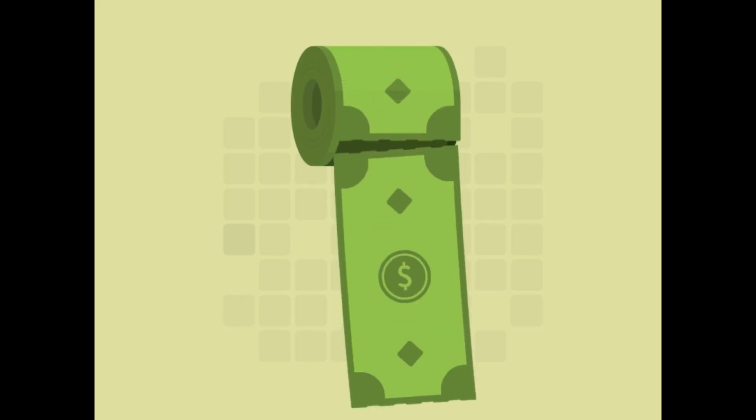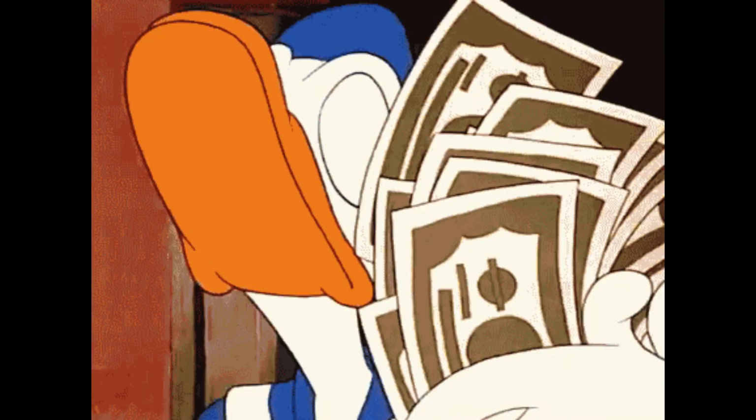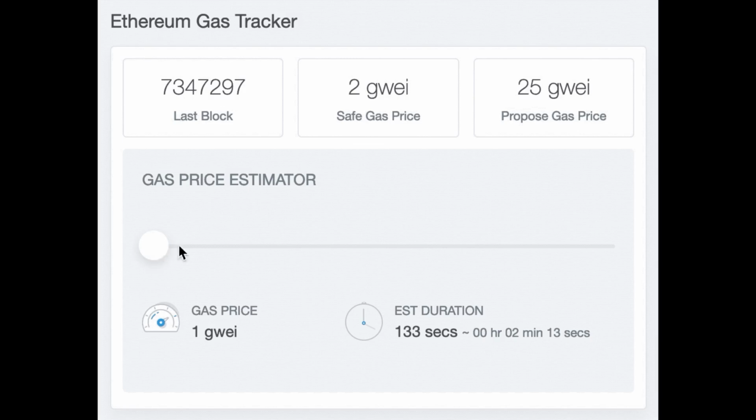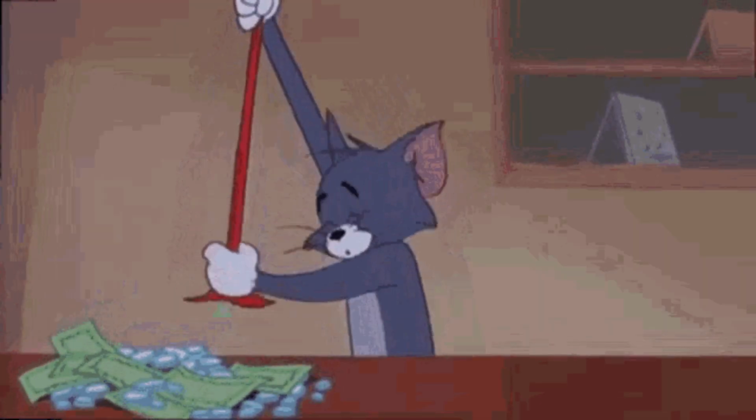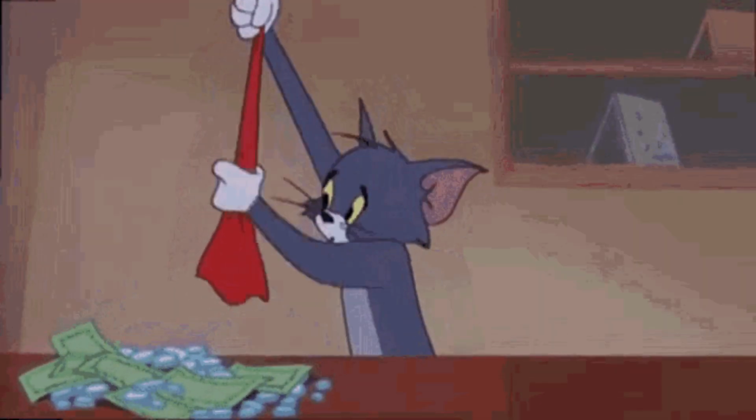This has led to an increase of transaction fees, known as gas, that users pay to execute operations on the network. High gas fees can make transactions expensive and inaccessible for many users and limit the large-scale adoption of dApps.